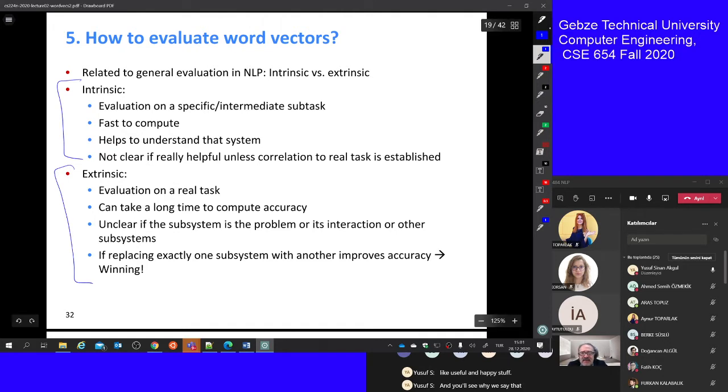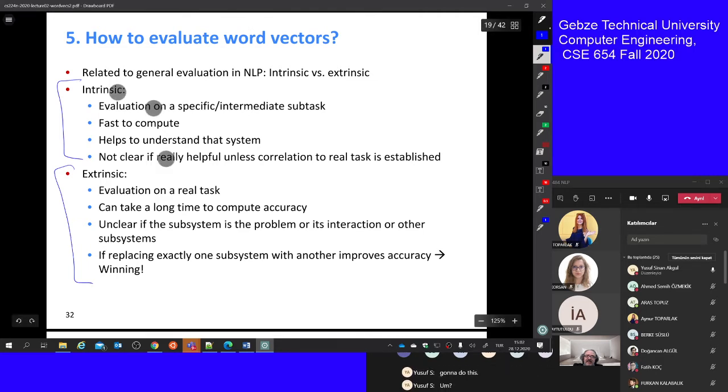Extrinsic is a better way of verifying them. You use your word vectors in a real world NLP application, such as translation from English to Turkish, or such as classifying a tweet as a positive tweet or negative tweet, etc. So what are we going to do?